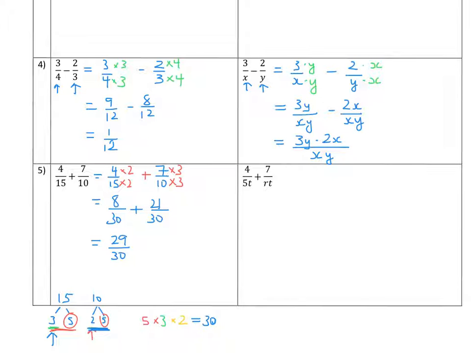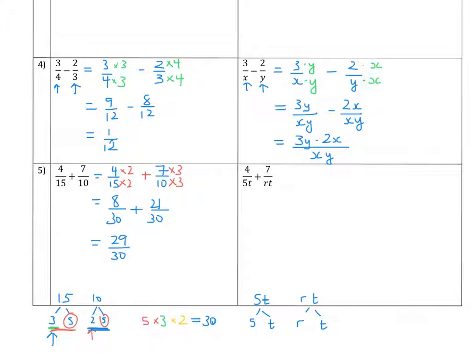Well, if I look at my 5t, so 5t, that really is 5 times t. And my other denominator was r times t, or an r and a t.